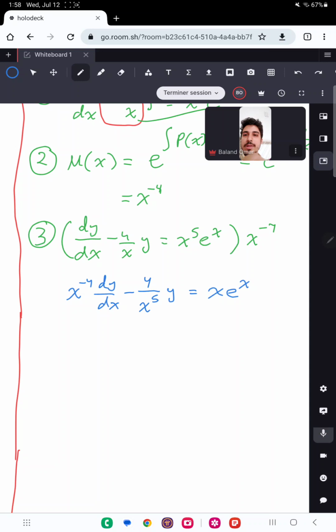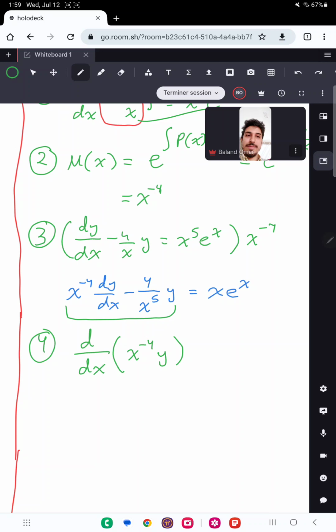Oh, and now we can use the product rule. We notice that this is what comes after using the product rule of differentiation. And it is simply d over dx of the integrating factor multiplied by y. If you go from this step to this step, you can see that this is just the product rule for differentiation, where this is f and this is g.